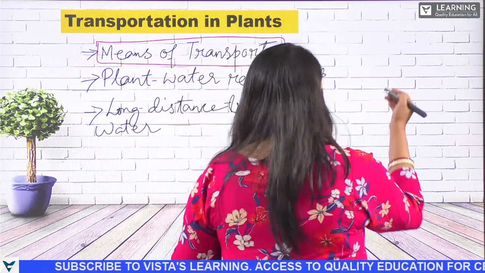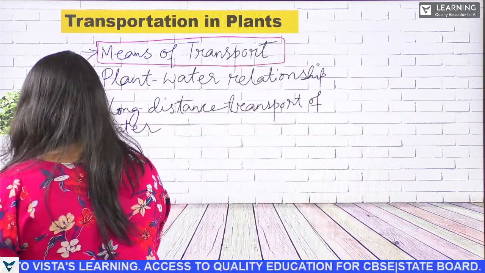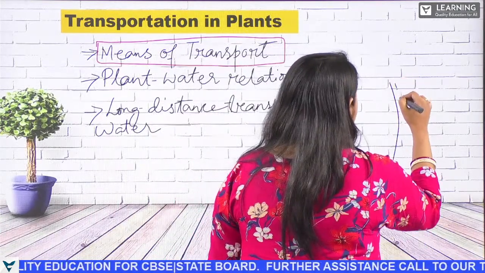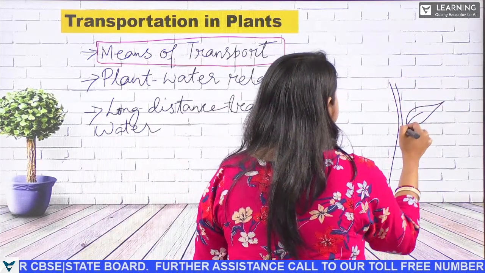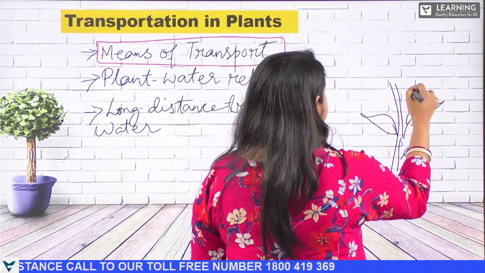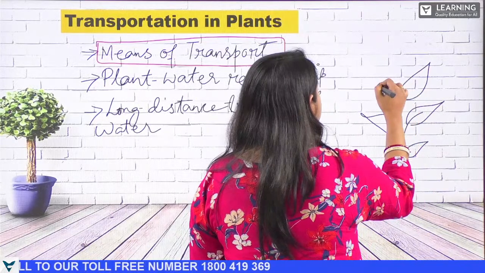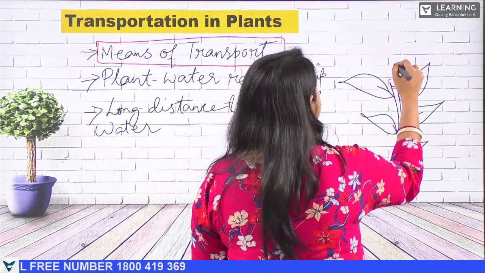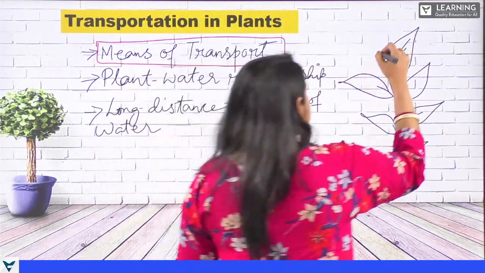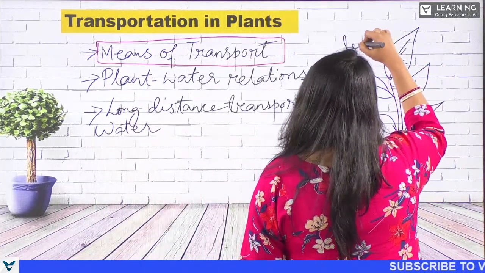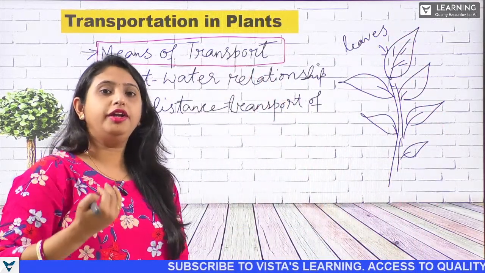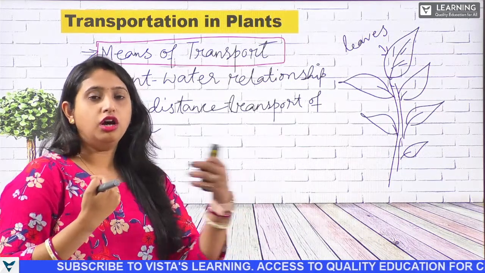Now see, let me show you. If this is a plant, it has various leaves. The plant prepares food in the leaves, as you know. And the food needs to be supplied to all the parts of the plant, right?